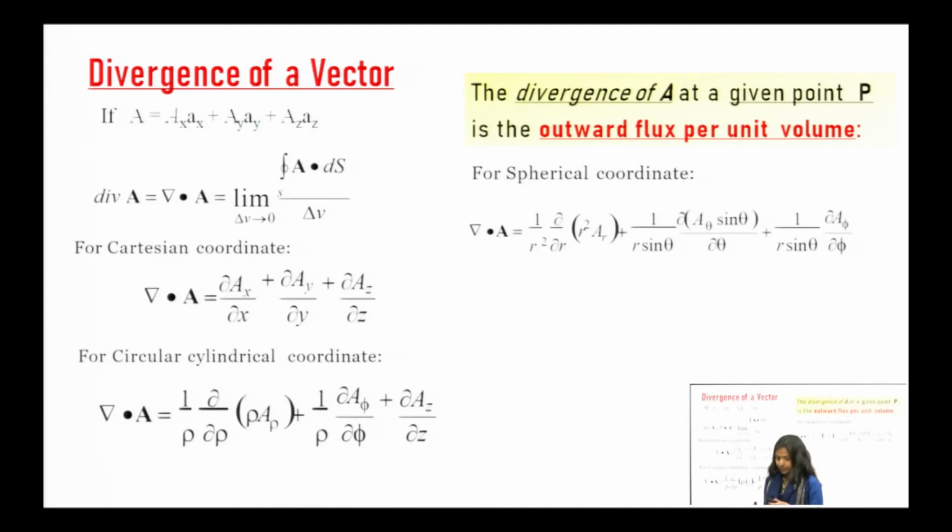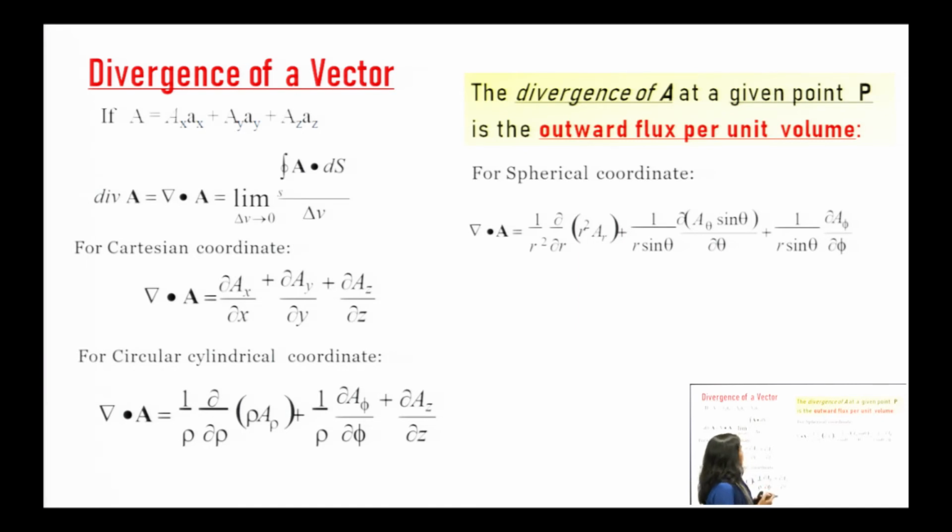Now we will see the divergence of a vector. Divergence is nothing but the total outward flux per unit volume. It just shows the spread of any vector field. Basically, all these operators, that is gradient, divergence, curl and Laplacian, reveal the interesting properties of different kinds of fields.